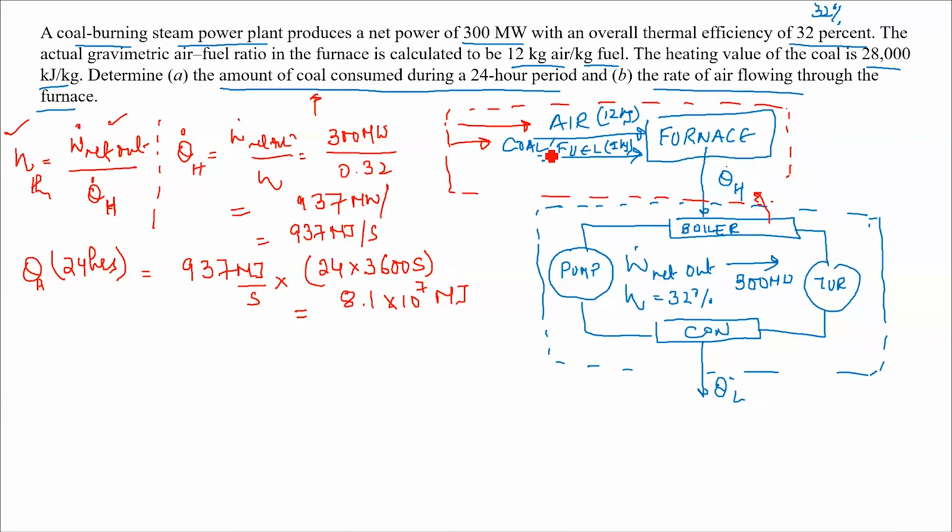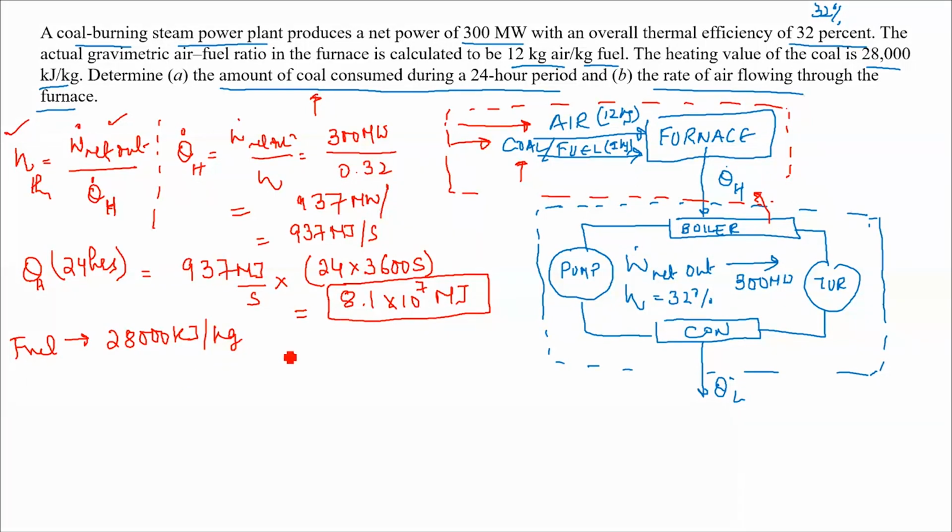Now, this energy is coming from coal, which has a heating value of 28,000 kilojoules per kg. That means the fuel that we have gives 28,000 kilojoules of energy for 1 kg. If I am consuming this much energy for 24 hours, how much coal would have been consumed? We will divide them.